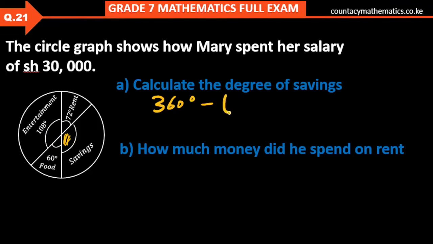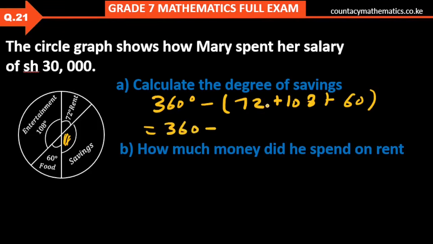So we minus the sum of these other angles, that is 72 plus 108 plus 60, like that. So we get 360 minus, you can be able to work out this because you see 72 plus 8, that is 80, and this is 100, so this is 180. 72 plus 108, that is 180, and then you have plus 60.